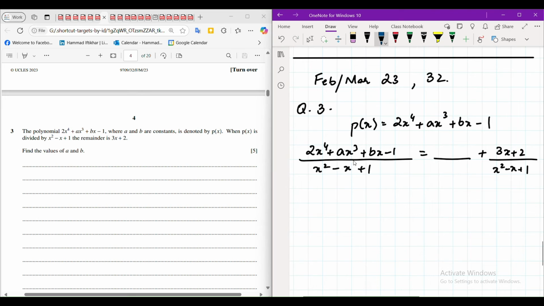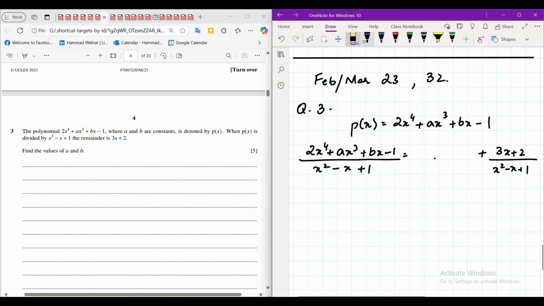Now, one thing to notice over here, since we're dividing a polynomial of order 4 by a polynomial of order 2, the quotient that we will get will be a quadratic polynomial.